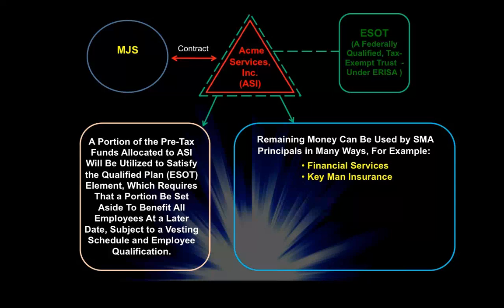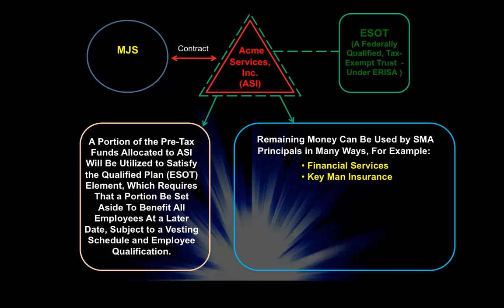The second area that this is used in is in the area of creating key man insurance. Key man insurance, while very desirable for most companies, particularly those where you have partners, is not a normally deductible expense. But if we're paying for it with untaxed dollars, that makes the acquisition of that insurance much more palatable and, in fact, allows us to use the equivalent of untaxed dollars to purchase that insurance.